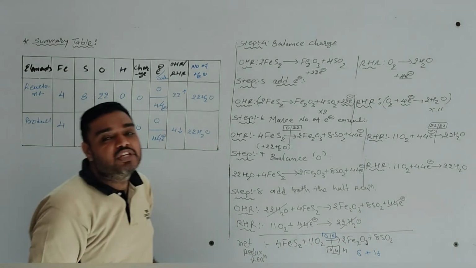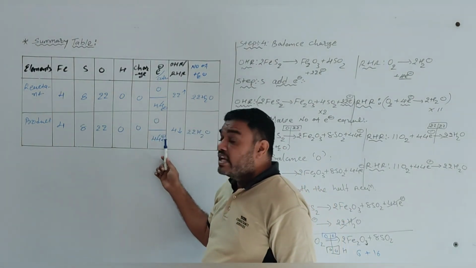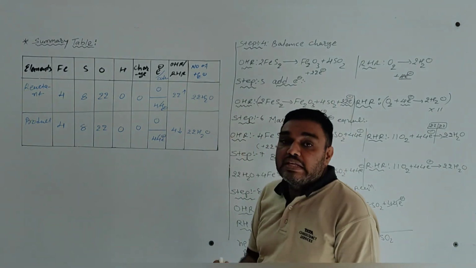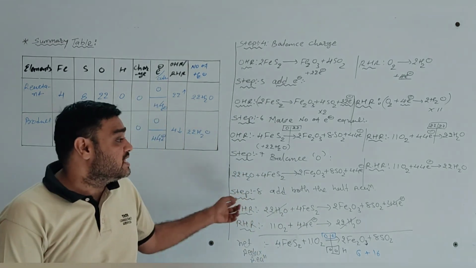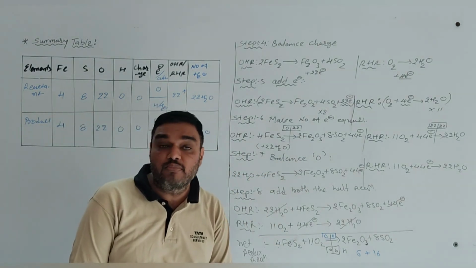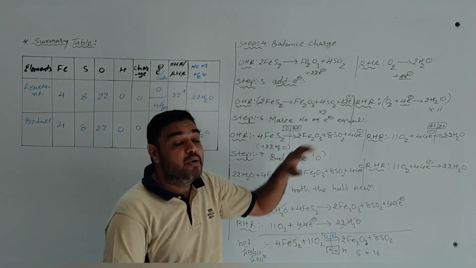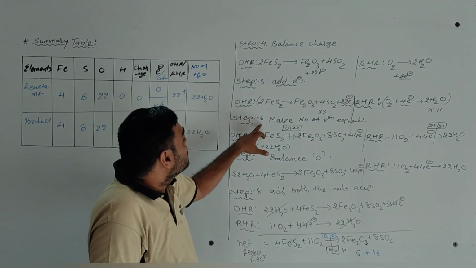So with the help of this table you can easily answer a given MCQ asking how many H2O cancel out, how many electrons are equal and cancel out in both half reactions, and how many electrons are added to make it balanced in step 6.